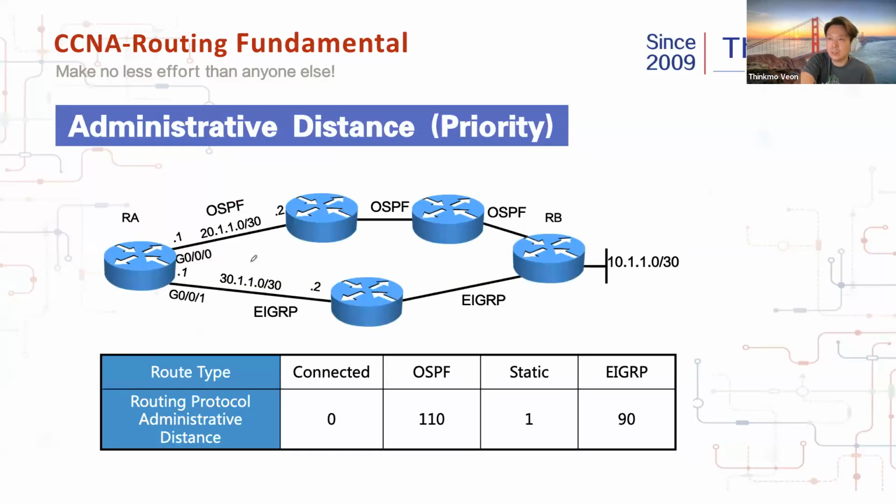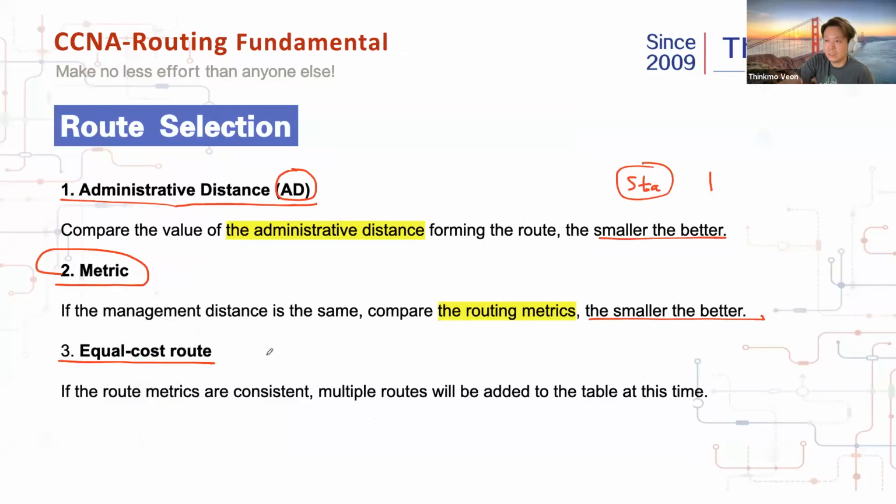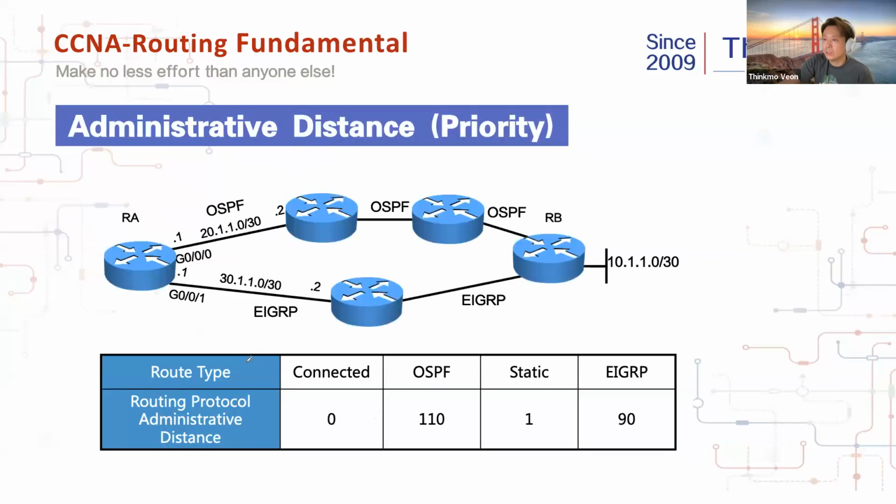Let's go to the administrative distance. Here we have the values of different routing protocols. Here we have a connected route with an AD value of 0. Do you remember we mentioned just now the smaller, the better? So the connected route will always be the best. For example, router A and this router have a connected route, which is this route, so this is always the best.